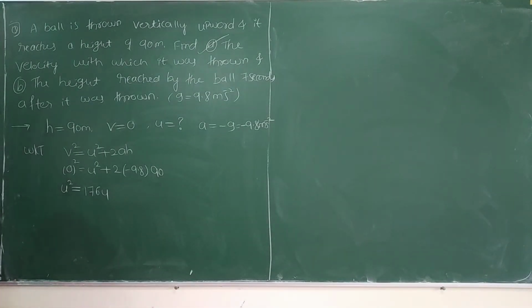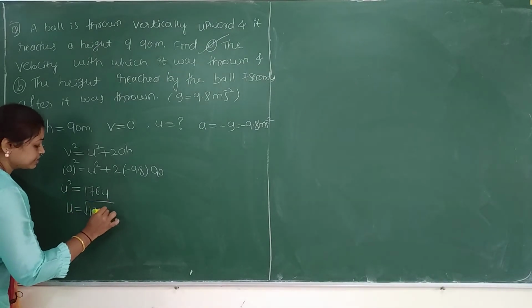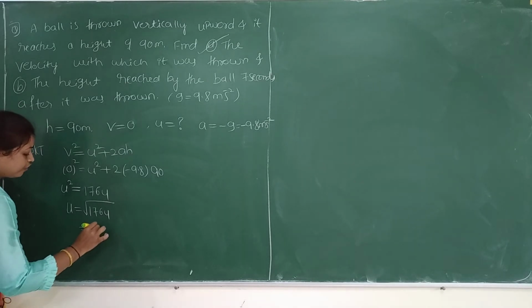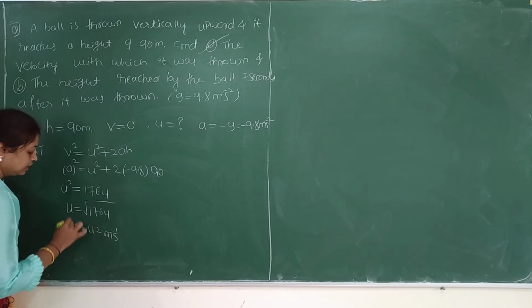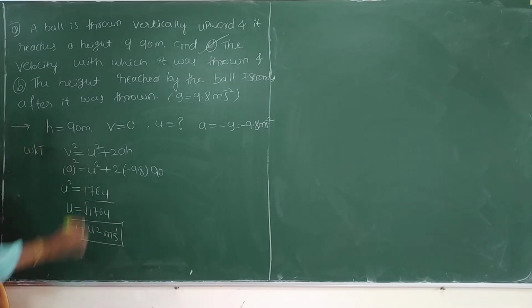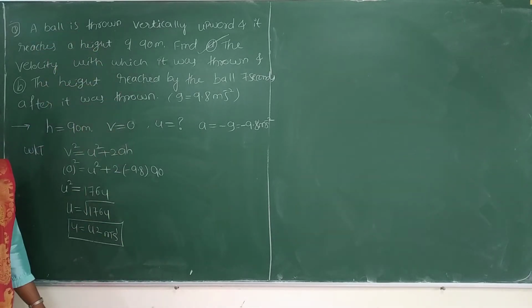Then take the square root. If you take the square root, u equals under root 1764. This will be 42. That is 42 meter per second. This is the initial velocity.